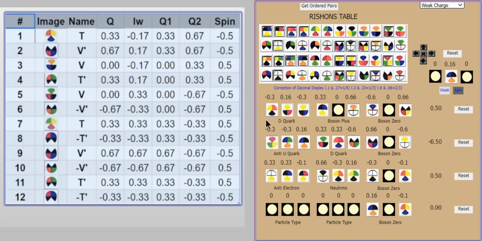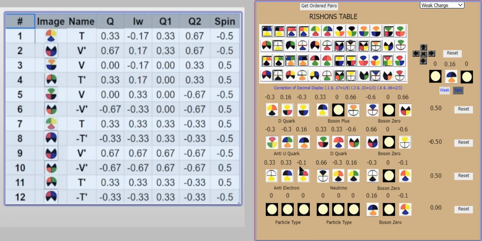So the weak charge on the left-handed C quark initially was plus 1/2, which is indicated by the standard model. So the sum of the decay products should also be plus 1/2.